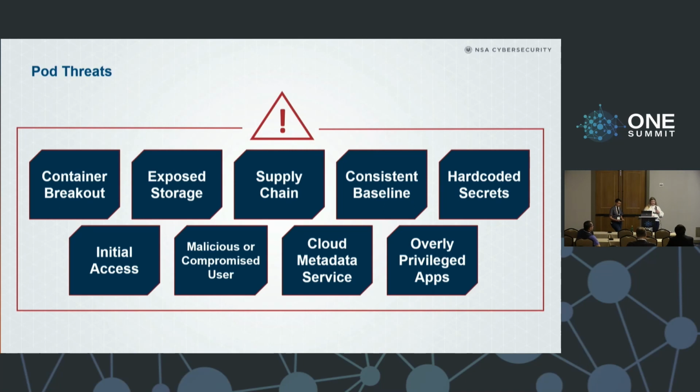And then the last thing I'm going to mention is the cloud metadata service. When you're running things in the cloud, like VMs, for instance, the VM needs to be able to talk back to the cloud management. It's going to have to query things about itself, like its IP address and the network that it's running on.